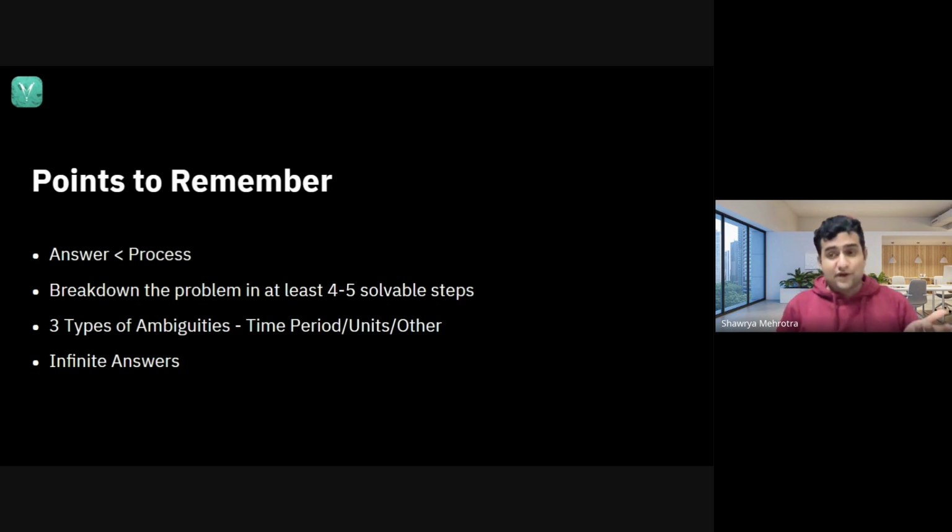One suggestion I always give is that you should break down your solution into at least 4 to 5 solvable steps, because my friend could have easily done it. He would have said, okay, I'm going to assume that Delhi has, say, X number of streets, and every street is going to have 5 restrooms each. 300 into 5, and you could have written down 500. Would it make his answer good?